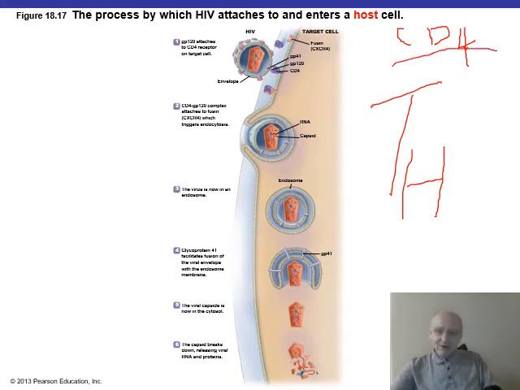Now, it does need co-receptors, these cytokine receptors normally, like CCR5 and that kind of thing. And you do see it here. I think I can barely make this out here. CD4. I guess it's really not showing that. Not really. Here's CXCR4 as one of the co-receptors that it needs to bind to.